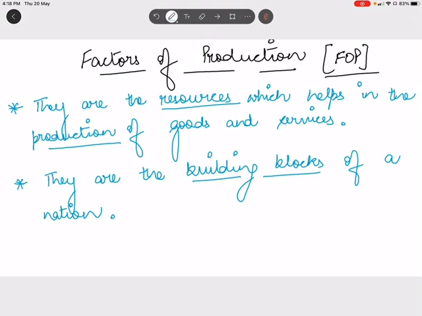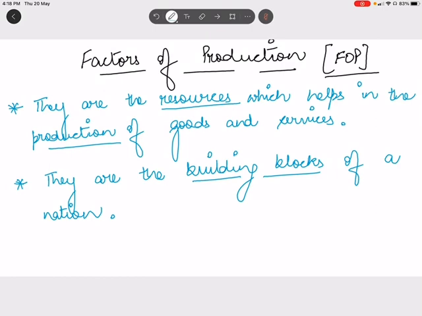Supposedly, I need to have a piece of land, I need to have machinery, I need to have labor which will help me out in the entire production process, right? I need to have other raw materials like plastic, of course. So these are the resources which are helping me in the production of water bottles. So to conclude, factors of production are the resources which are actually helping the producer in the entire production process.